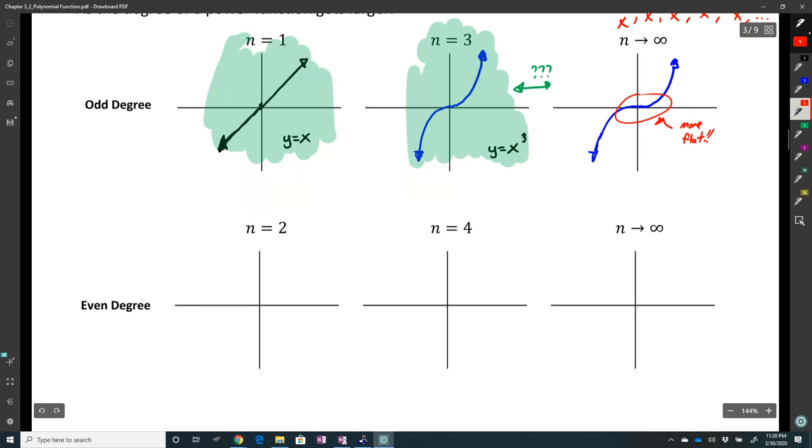All right, even degree. Well, we have n equals 2, so this is just y equals x squared. Well, y equals x squared just looks like, let me make it in blue. That's just a parabola.